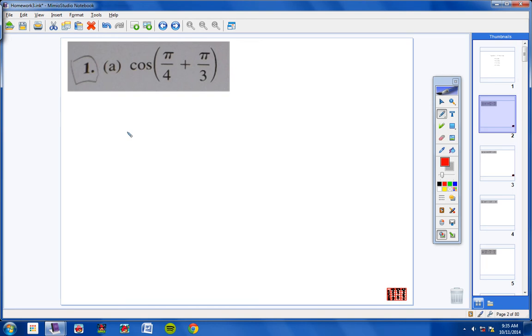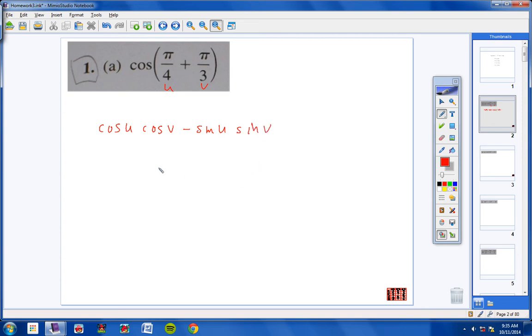Whenever we have the cosine of two angles that are being added, we can take cosine minus sine. So we're going to call this u, we're going to call this v. Cosine of u, cosine of v, minus sine of u, sine of v.